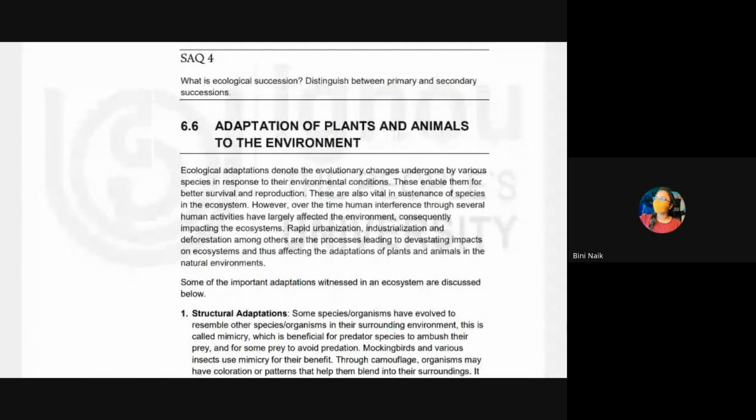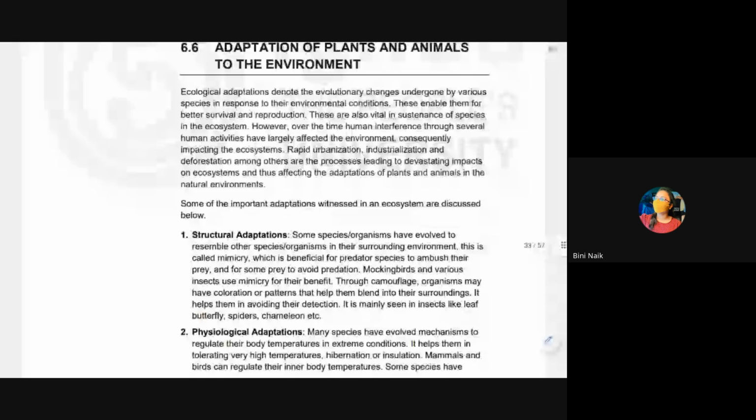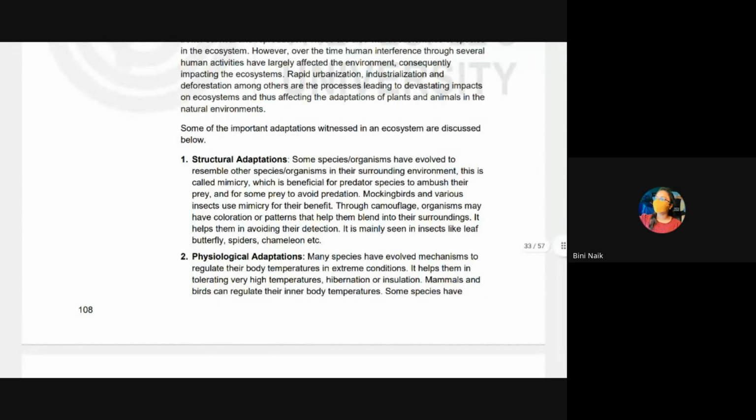Okay, so adaptation of plants and animals. Adaptation is basically how they are adapting to that environmental condition. There are different types of adaptations that we'll be discussing here. So first is your structural adaptation. Structural adaptation means what?